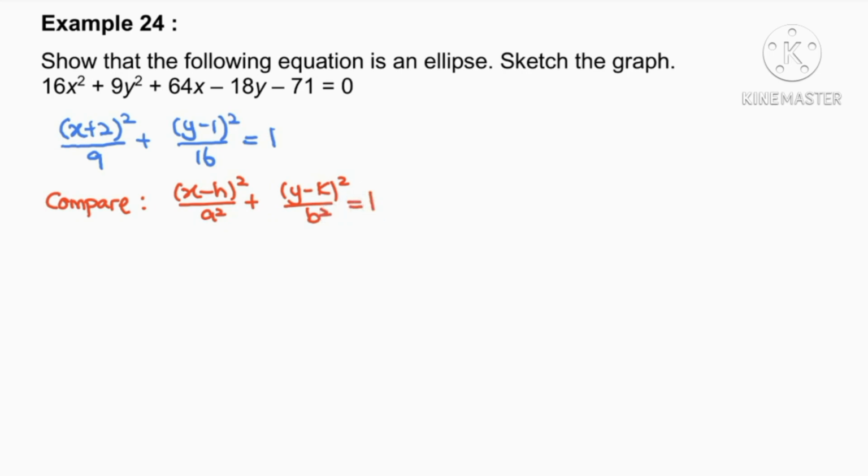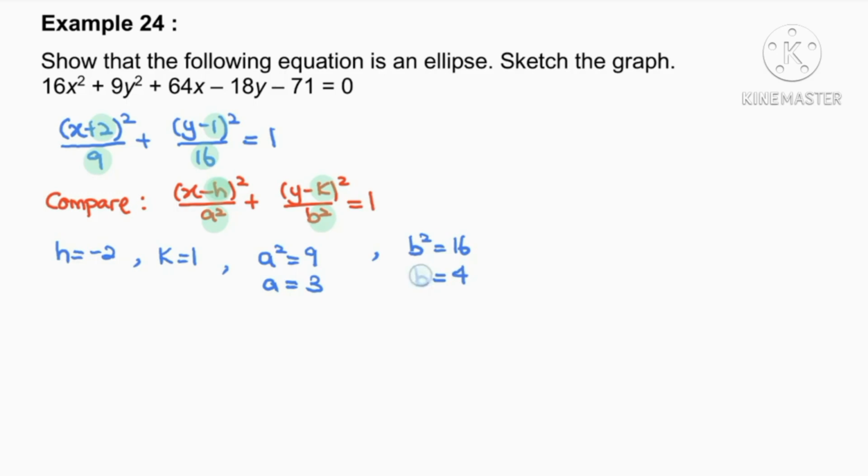So when we compare this, the value of h is negative 2, k is 1, a squared is 9, and b squared is 16. Let's write it down. A squared is equal to 9, so this means a is equal to 3. And b squared is equal to 16, this means b is equal to 4.